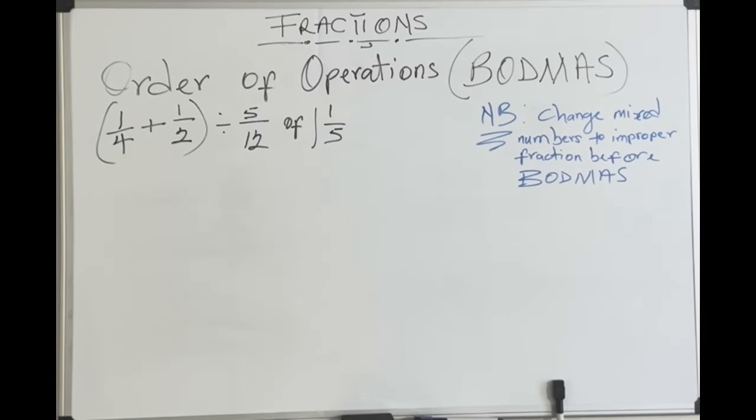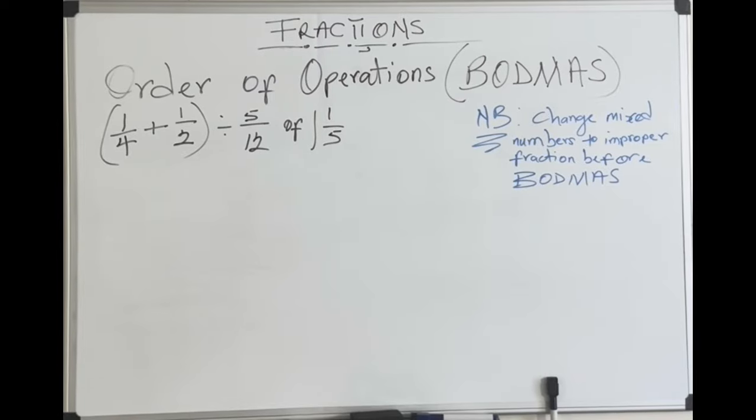We have another interesting question on the board. Bracket open, 1 over 4 plus 1 over 2, bracket close, divided by 5 over 12 of 1 whole number 1 over 5. So we are still following the BODMAS.